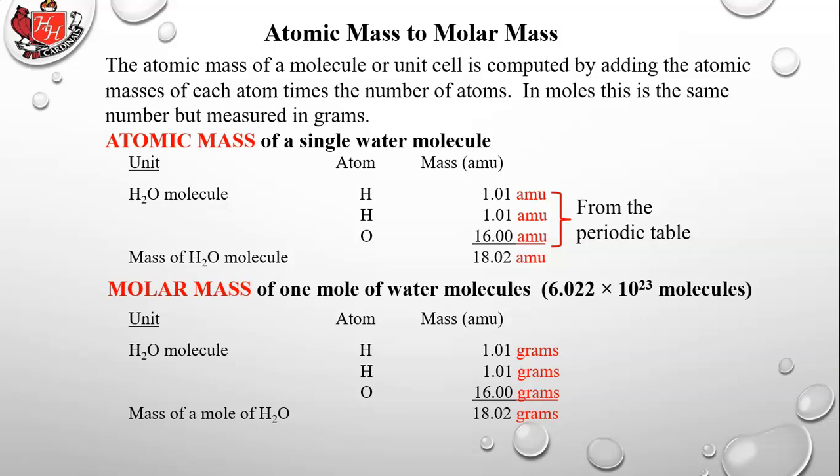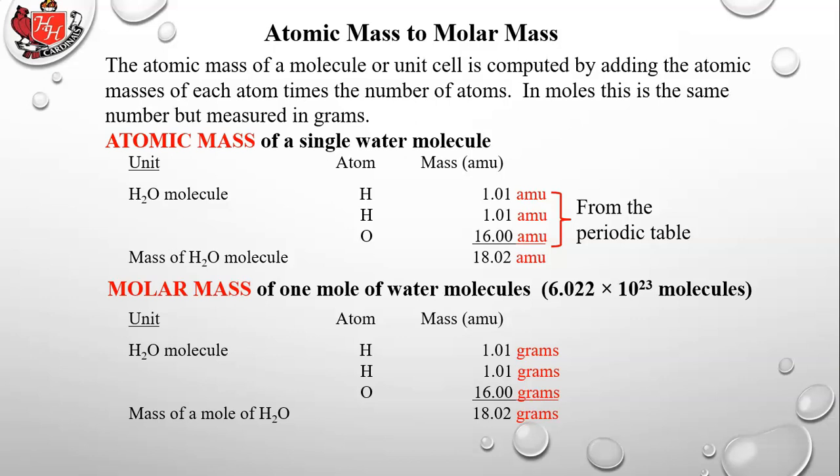So again, what that means is if I take water and put it on the scale and I weigh it and it weighs 18.02 grams, that means I know I have exactly 1 mole, 6.022 times 10 to the 23rd molecules of water. That's an amazing fact. There's no way we could ever count 6.022 times 10 to the 23rd of anything, molecules or anything else.